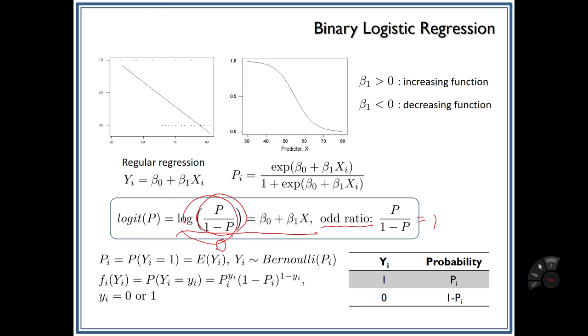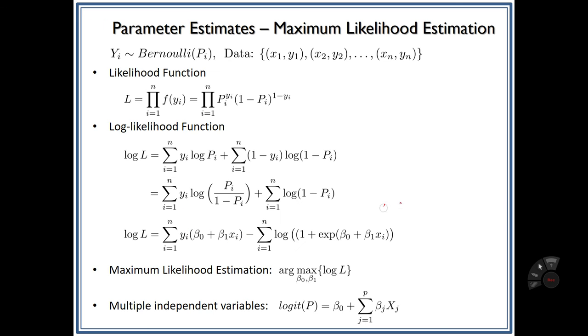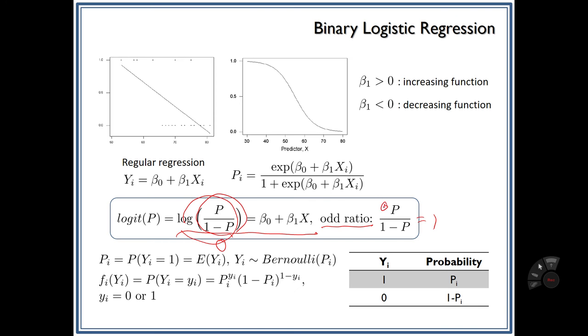That corresponds to the decision boundary. And if this value is, for example, 0.8, then this part is 0.2, and the odds ratio becomes 4, which means that the probability that y becomes 1 is 4 times greater than the probability that y becomes 0. This ratio of two probabilities is called the odds ratio.